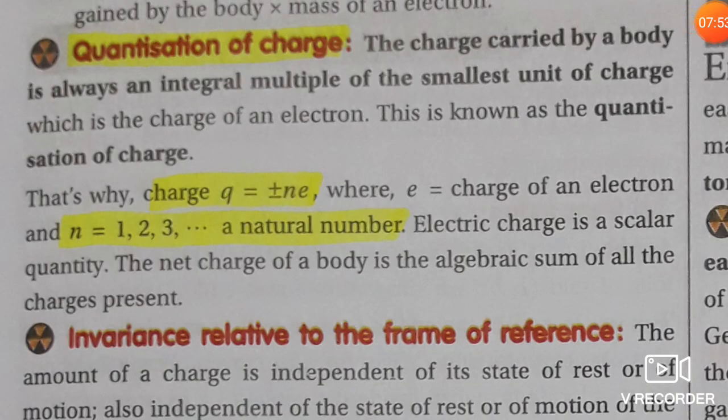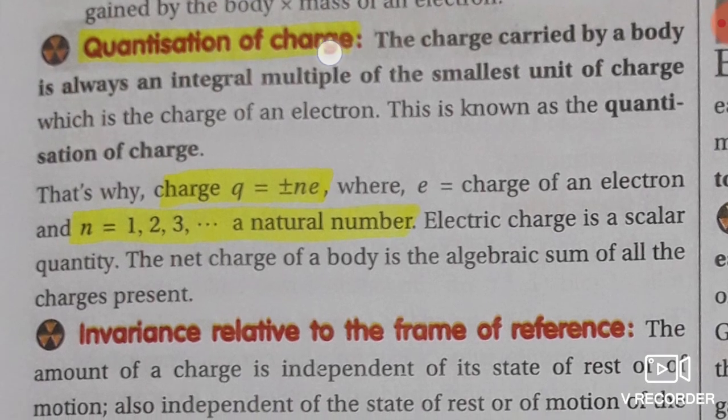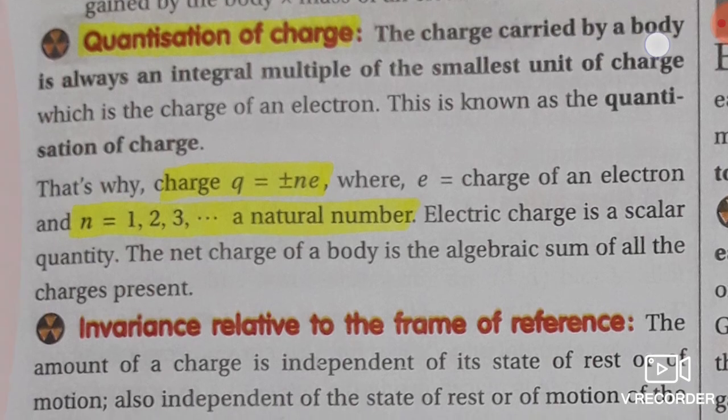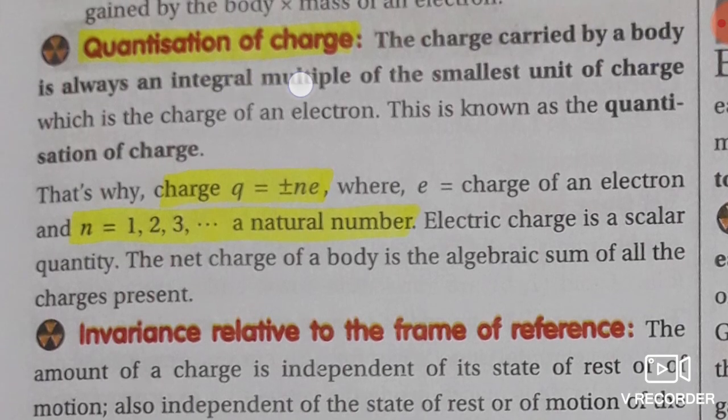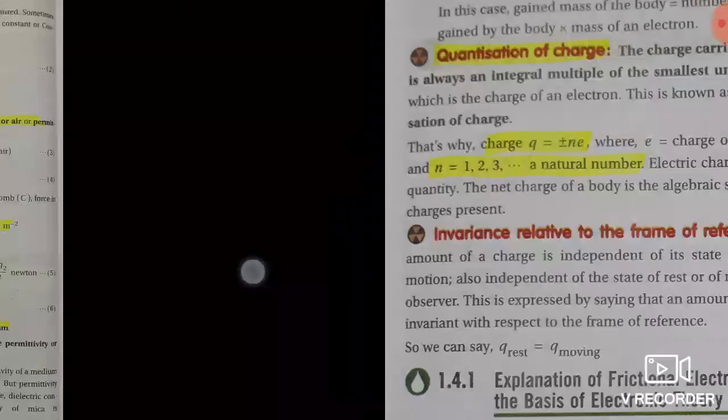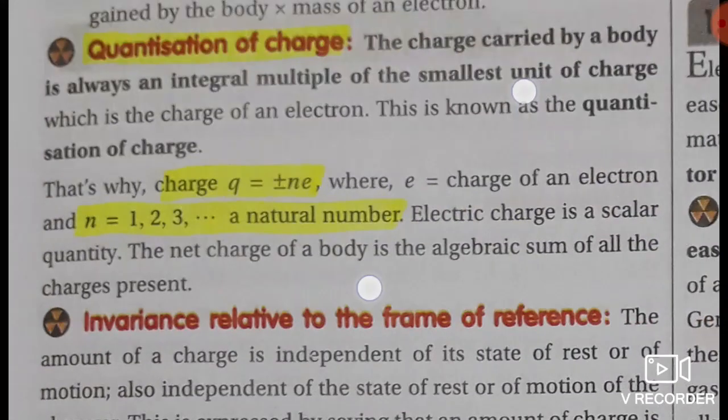Let us discuss the first characteristic of electric charge: quantization of charge. What do you mean by quantization of charge? The charge carried by a body is always an integral multiple of the smallest unit of charge. This is quantization of charge.